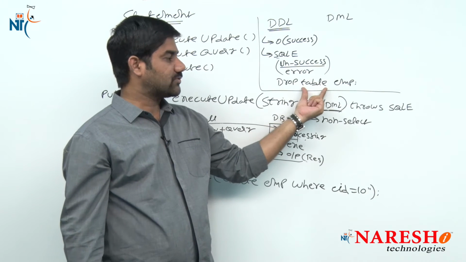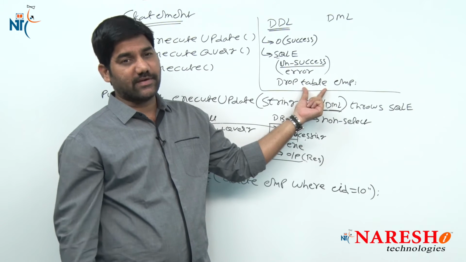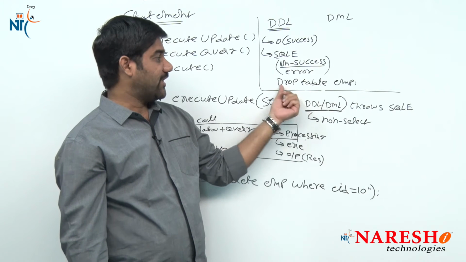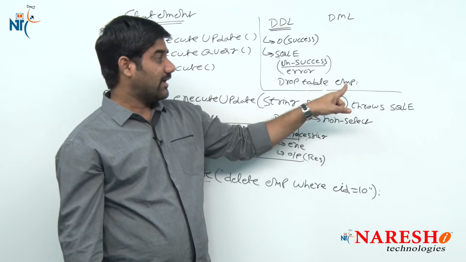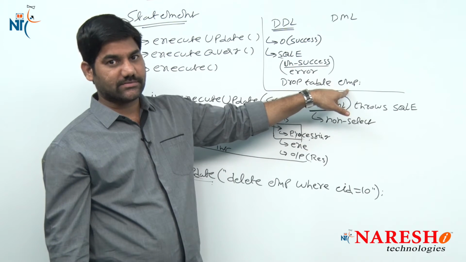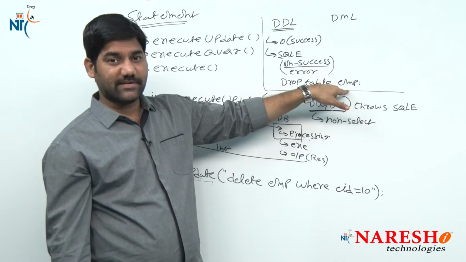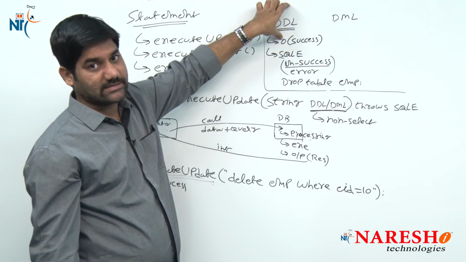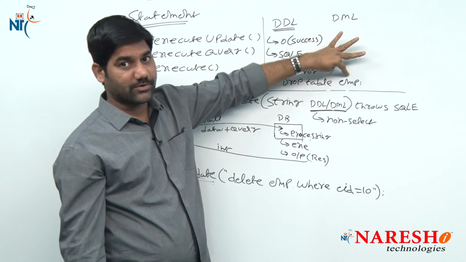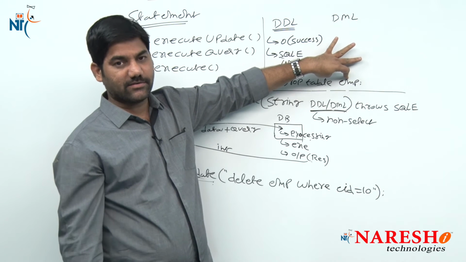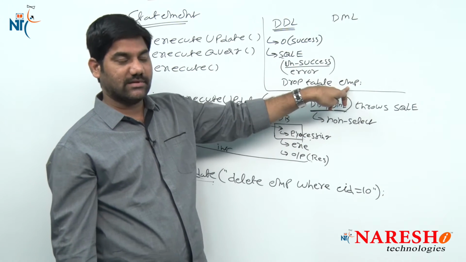So, based on this query, how many employee records are affected, sir? No records are affected directly. But based on this query, what happens, sir? The employee table is successfully removed from the database, but the number of records affected is nothing. That's why it returns 0 on success. The table is dropped, but records are not directly affected. Indirectly affected of course, but directly not affected.